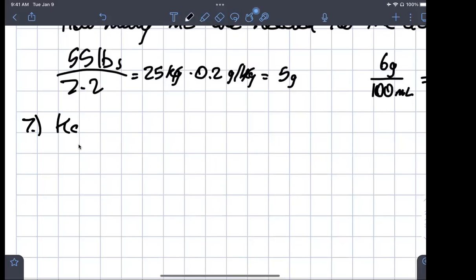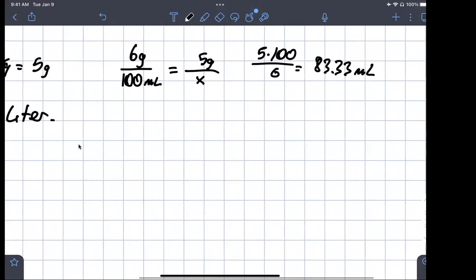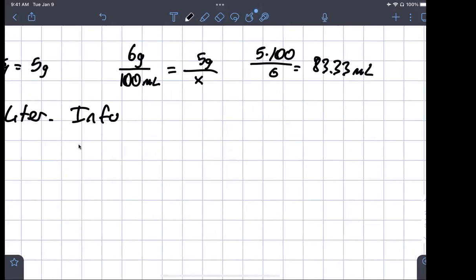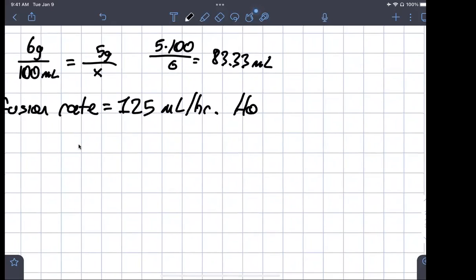I'm going to put KCl for potassium chloride. How many MEQ per hour?